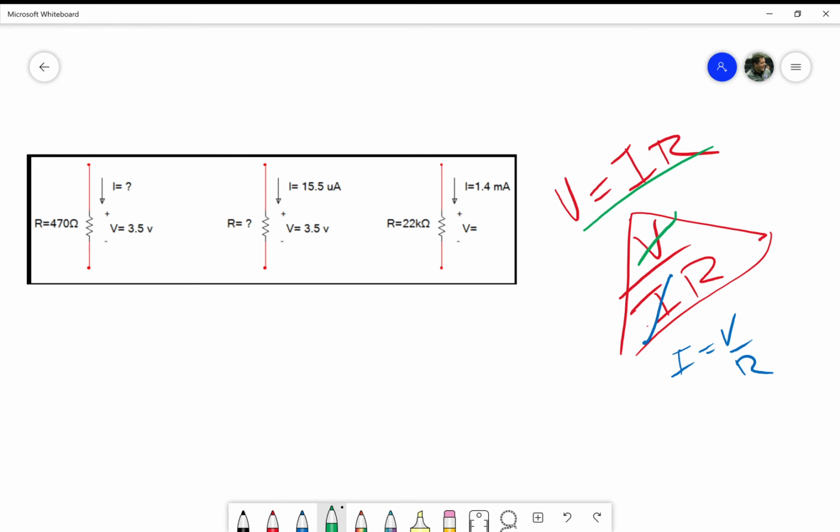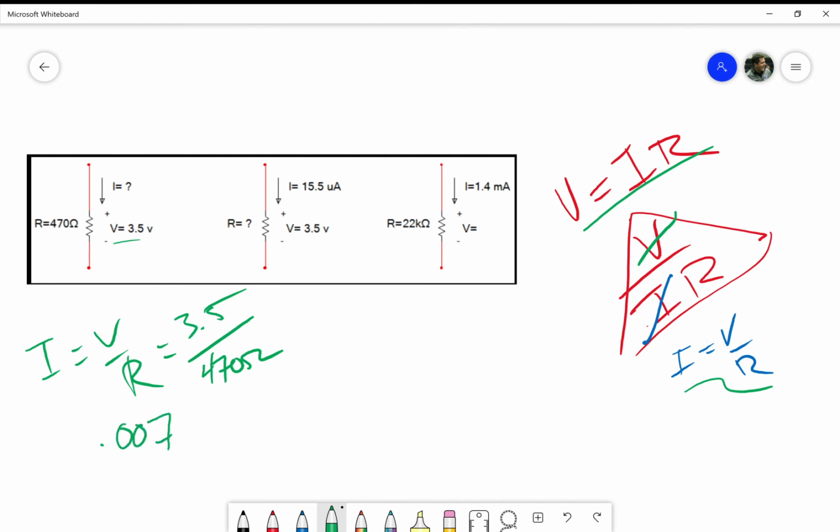Okay, so we're going through here. Let's do the first one. We have 3.5 volts. We're given voltage, and we are given resistance. So we're looking for current, which I have down here already showing: I is equal to V over R. So we're going to do 3.5 volts divided by 470 ohms, and we're going to get 0.007446.